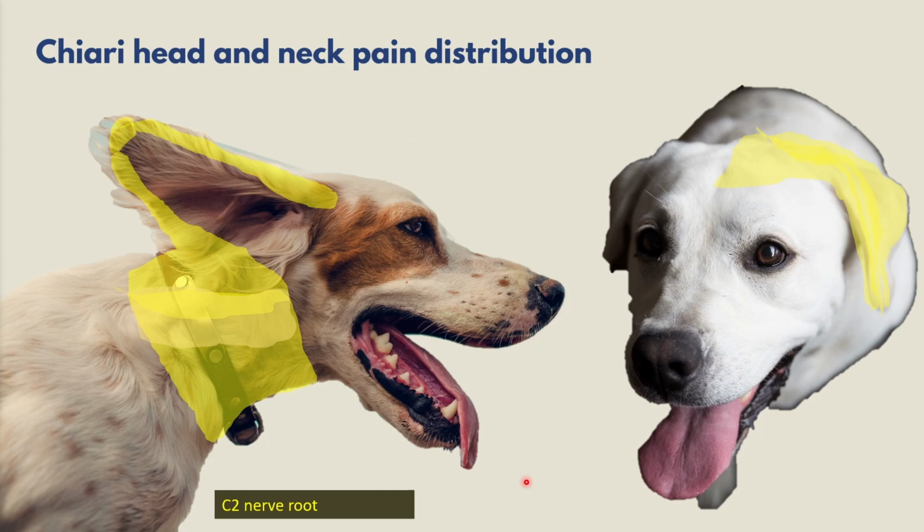And I just want to show you this picture here, that the distribution of head and neck pain often corresponds to the sensory fields, the receptive areas, of the C2 nerve root. So the pain distribution is upper neck, lower neck, and round the edges of the ears.